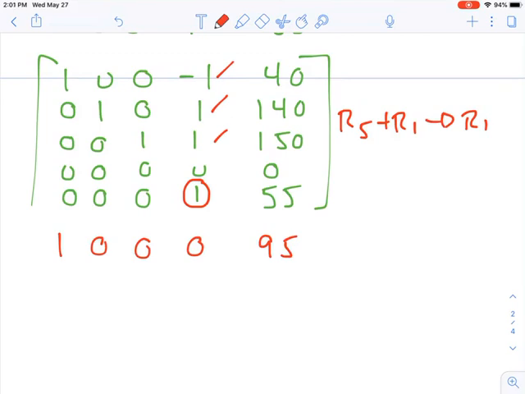And we then want to take negative row 5 plus row 2, replacing row 2. So we will end up with a 0, 1, 0, 0. And a negative 55 plus 40 is going to give me, what, 85.